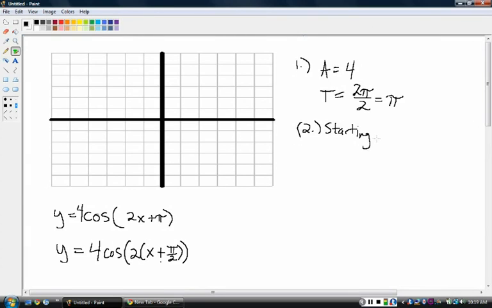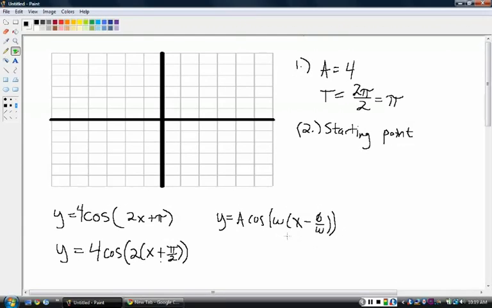All right, first step's easy. Now the second step, the way we did these in class, we want to find the starting point. If you remember, if our equation is of this form, the amplitude times the cosine of omega times x minus phi over omega, then our starting point is phi over omega, right?